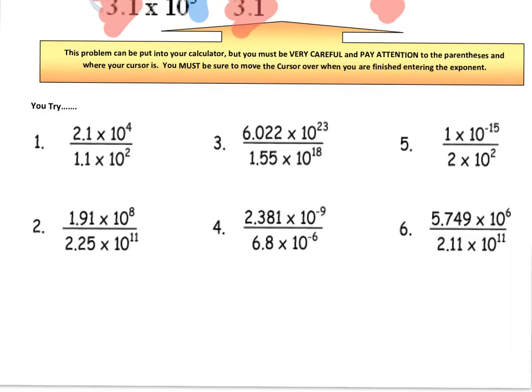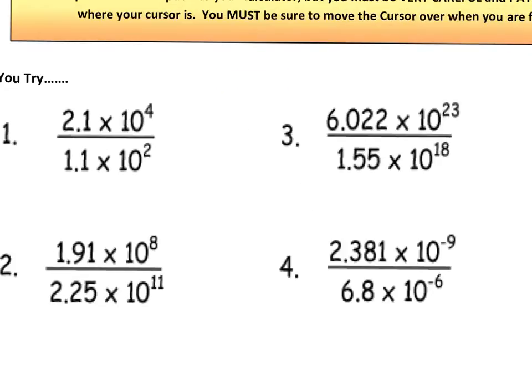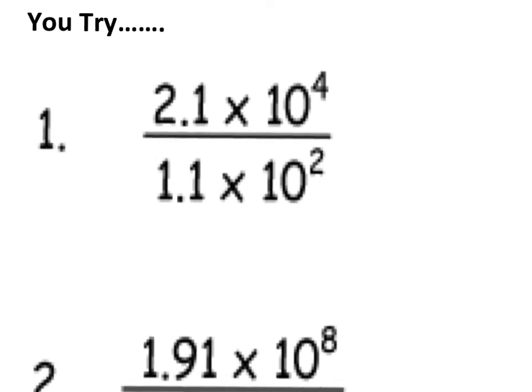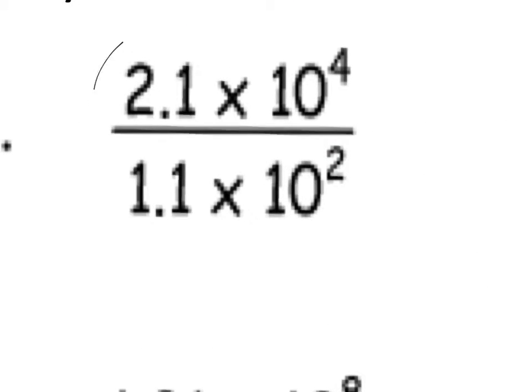You need to be sure that when you're doing division, you're putting the parentheses in the calculator, even if it doesn't have it. So you need to think about this problem having parentheses.